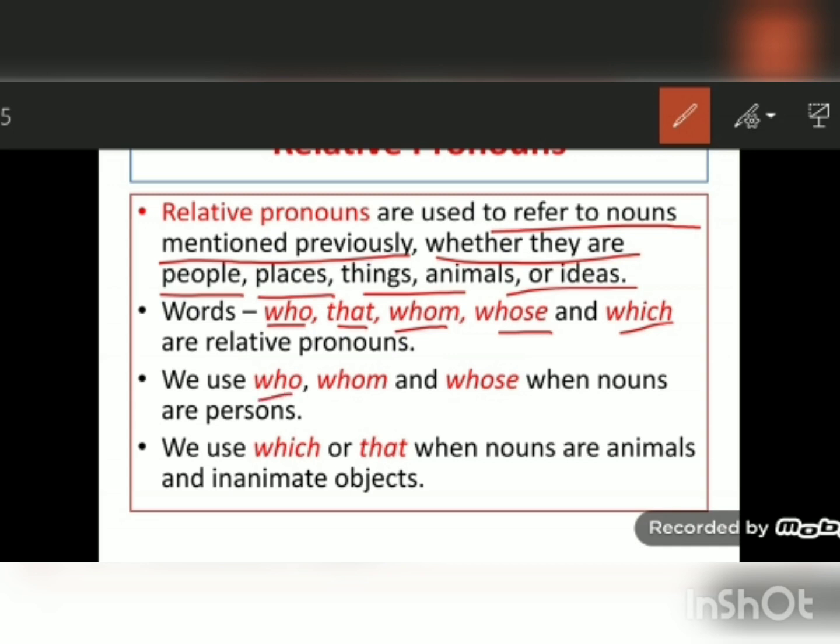We use who, whom and whose when nouns are persons. And we use which or that when nouns are animals and inanimate objects. Inanimate objects means non-living things, which don't have life.